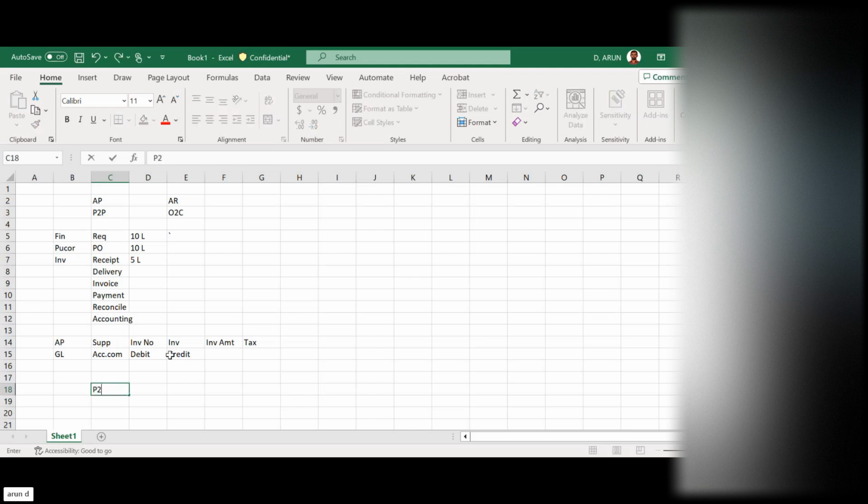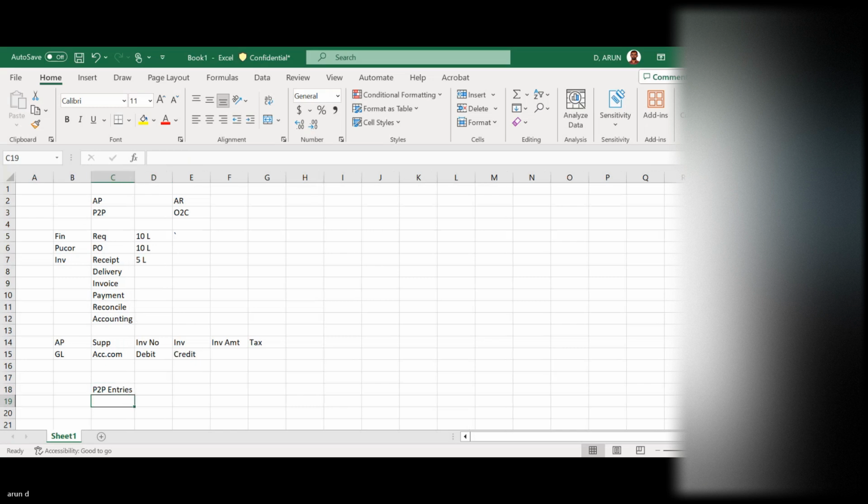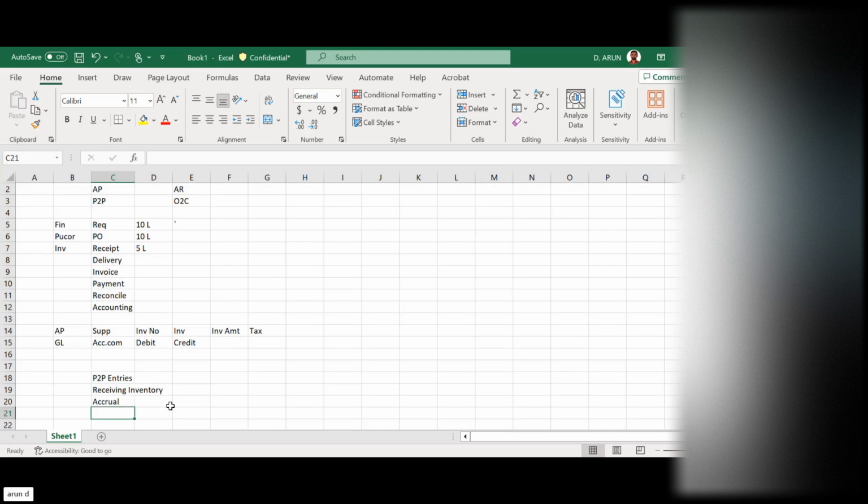Now P2P accounting entries start from receiving, as I said. When we first create the receiving transaction in the system, we will have the receiving account, or receiving inventory, and then we will have the accrual account.